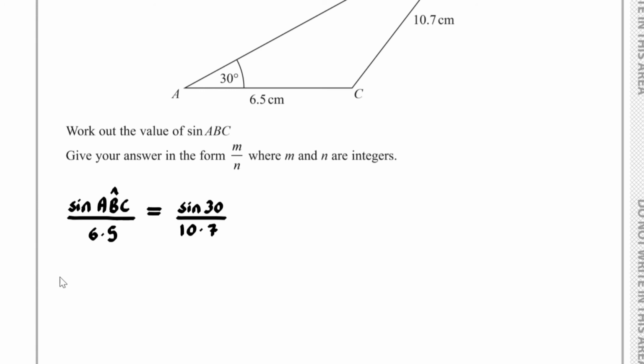So sine 30 is a half. So we've got sine of ABC divided by 6.5 equals 1/2 divided by 10.7.